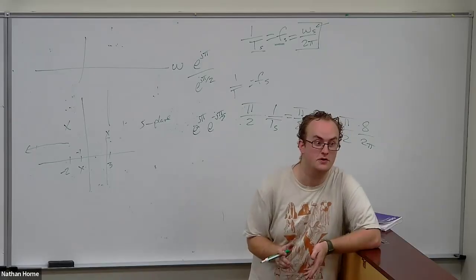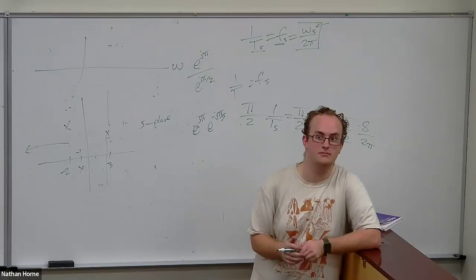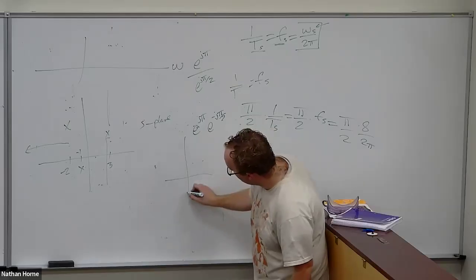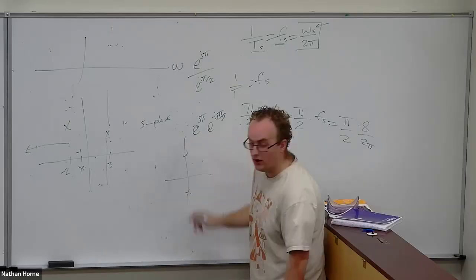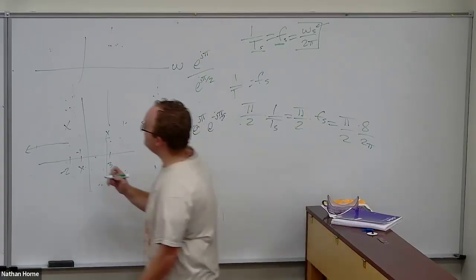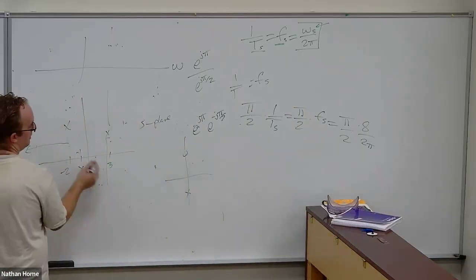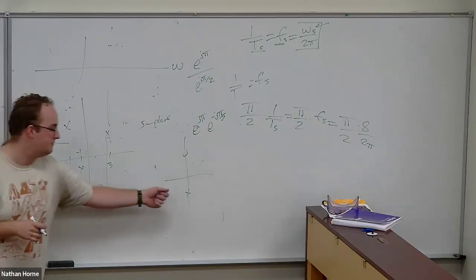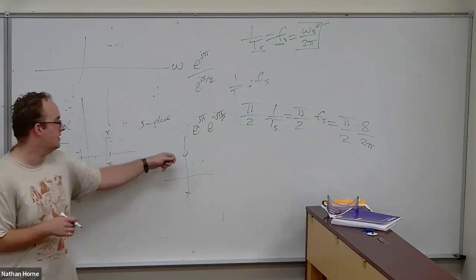But in theory, let's say you had a pole right there and a zero right there on your j omega axis. If you were drawing your phase plot, what would that look like? Anybody tell me? We had a pole right there on the negative part of the omega axis, and a zero right here.